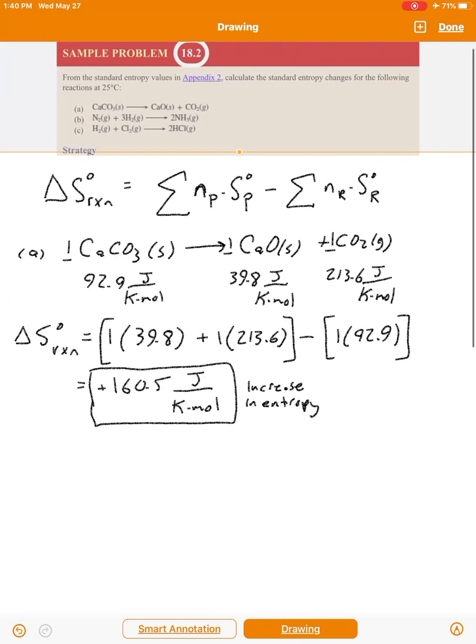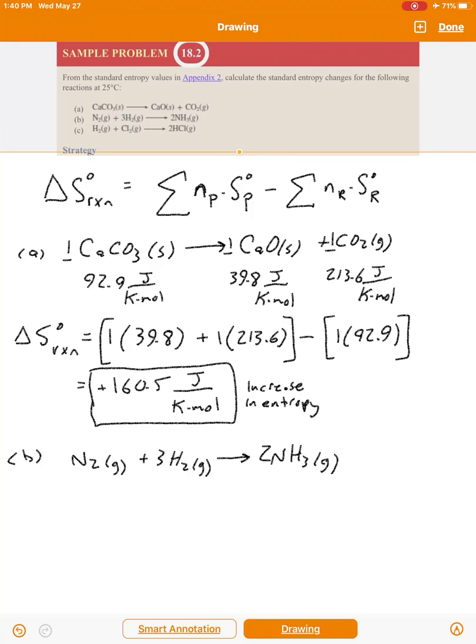So part B says nitrogen gas plus 3 hydrogen, 3 moles of hydrogen gives us 2 moles of NH3. Okay, so we go to the appendices for this one.